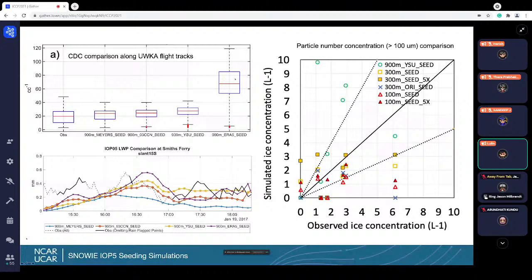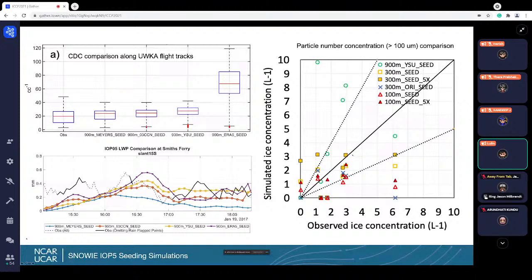We have to scale down these aerosol inputs to simulate the reasonable clean cloud condition. And we also use the radiometer to evaluate our simulated liquid water path, and the black line indicates the observation, and this period is where the seeding occurred. And we know if we have a more active ice nucleation parameterization, it will simulate lower liquid water path compared to others.